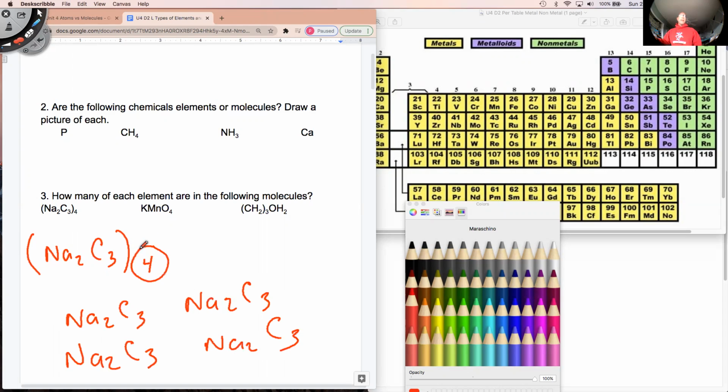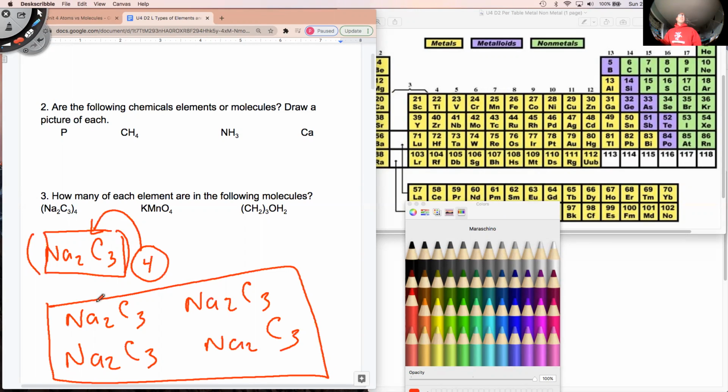This 4 means that we have 4 of what's inside the brackets. Now, if we take a look at those 4, how many sodiums would we have? We would have 2, 4, 6, 8 sodiums, and we would have 3, 6, 9, 12 carbons.